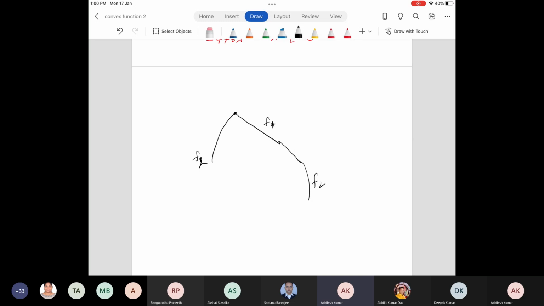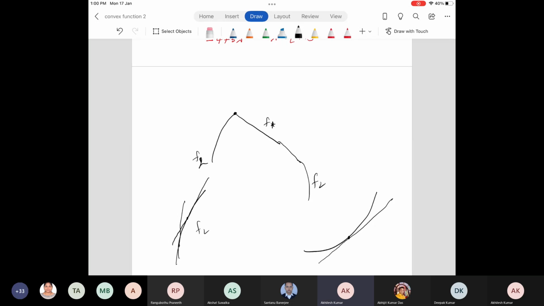Let me just look at the first f2 part. Whenever I take a point and try to draw a subgradient, I will have a unique subgradient at that point. In terms of the supporting hyperplane, for this function, is this the only supporting hyperplane at this point?